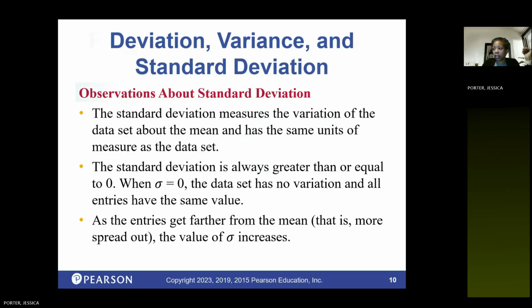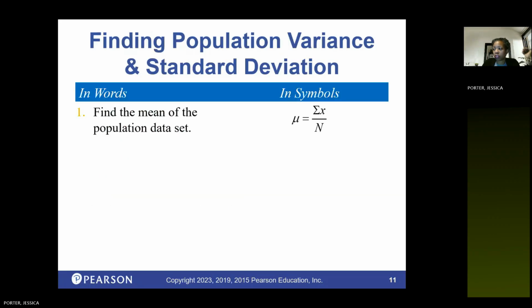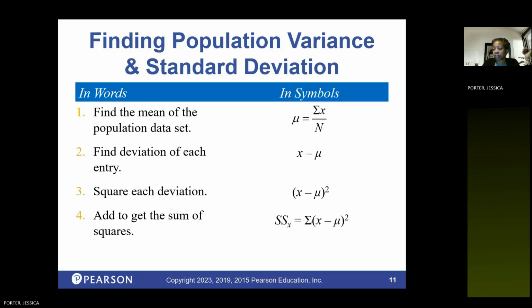Now, we're going to look at what the rules are to finding the population variance and standard deviation. You're going to find the mean of the data set. And then you're going to subtract the mean from every data point. And then you're going to take that value and square it.